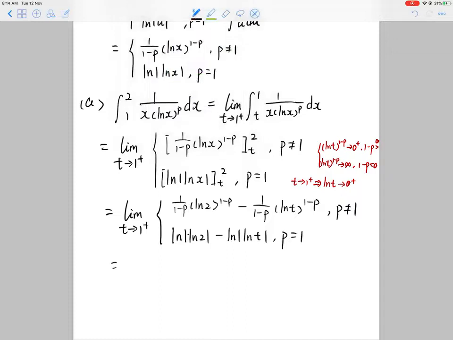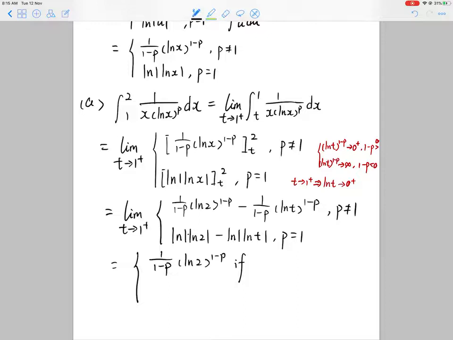Okay, which means the first limit is going to be 0 in this part if 1 minus p is greater than 0. So if this part is 0, then the only part left is this, if 1 minus p is greater than 0, which means p is smaller than 1.